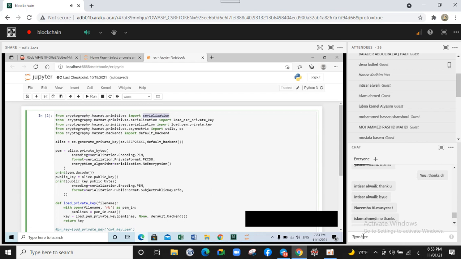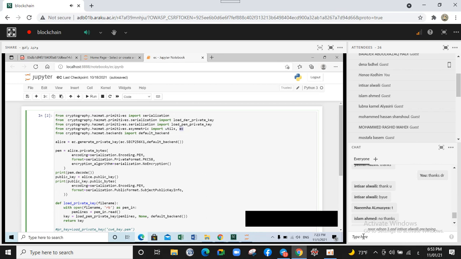We need serialization. If we need a DER format, we load the DER private key. If we need PEM, we load the PEM private key like RSA. This library EC contains the necessary tools to support elliptic curve cryptography.